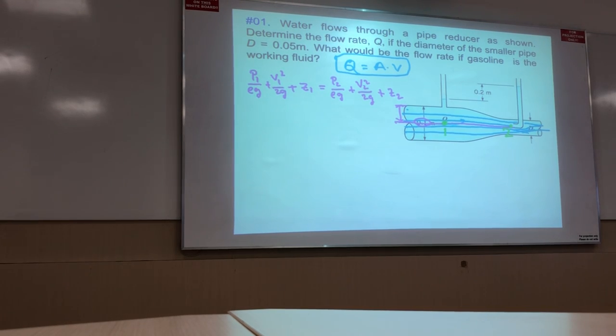Can I do this? No problem. So here, 1 and 2 are found in the same line, so there is no change in potential energy, or elevation height, 0.